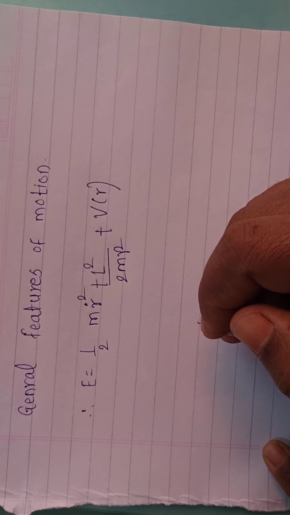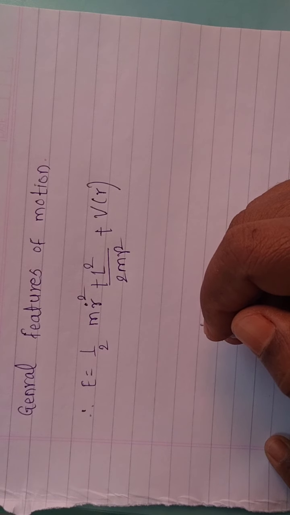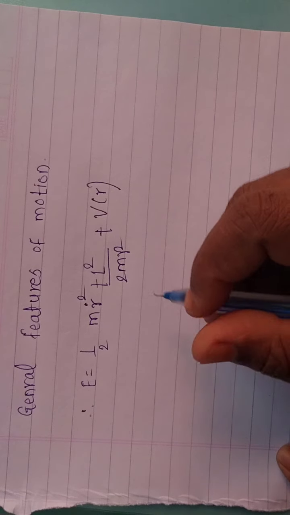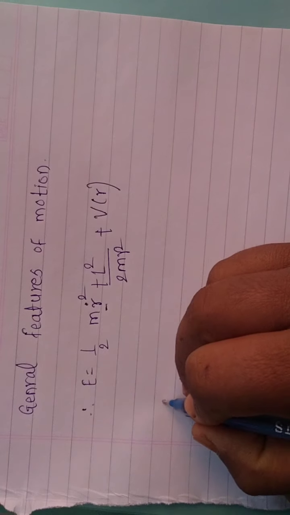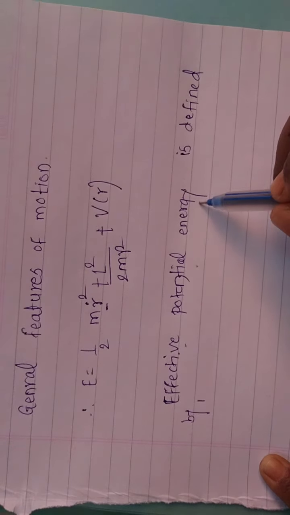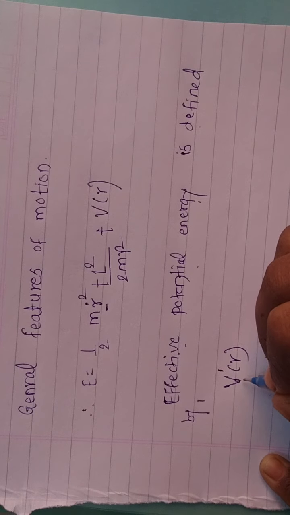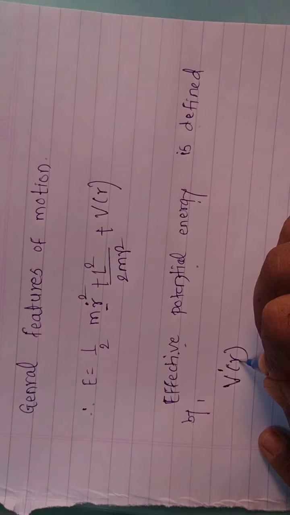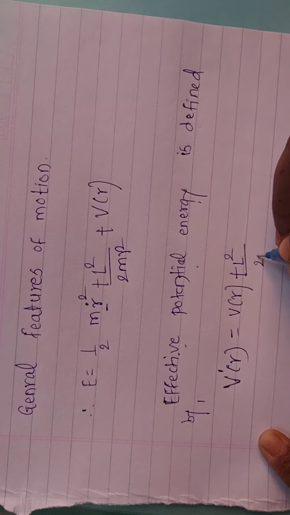In the case where we have studied how to reduce the two body problem into a single body problem, in this way this total energy can be reduced to a one dimensional motion in r if the effective potential energy is defined by V dash r, the effective potential energy as a function of r, which is equal to V of r plus L square divided by 2 m r square.